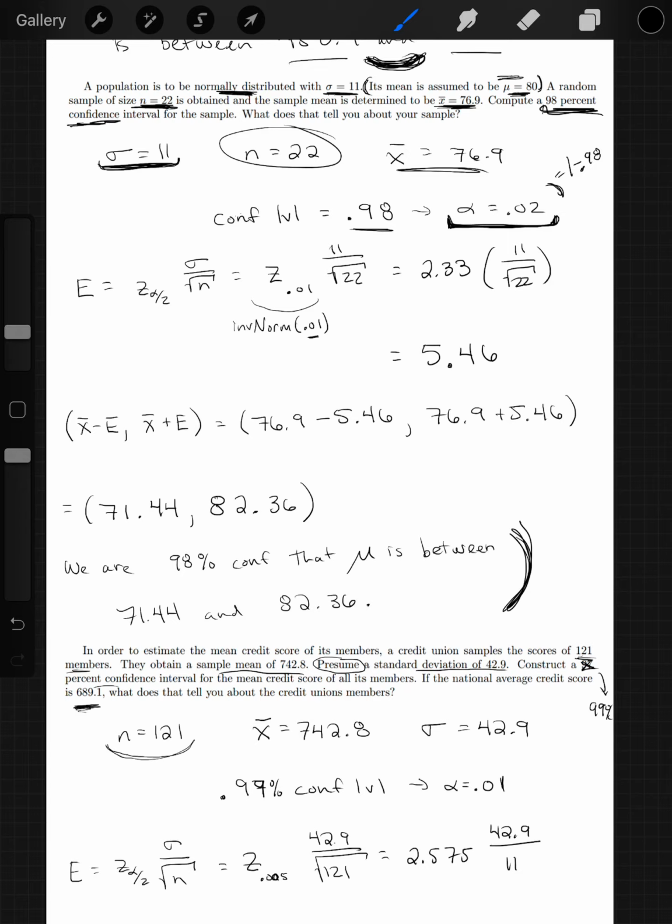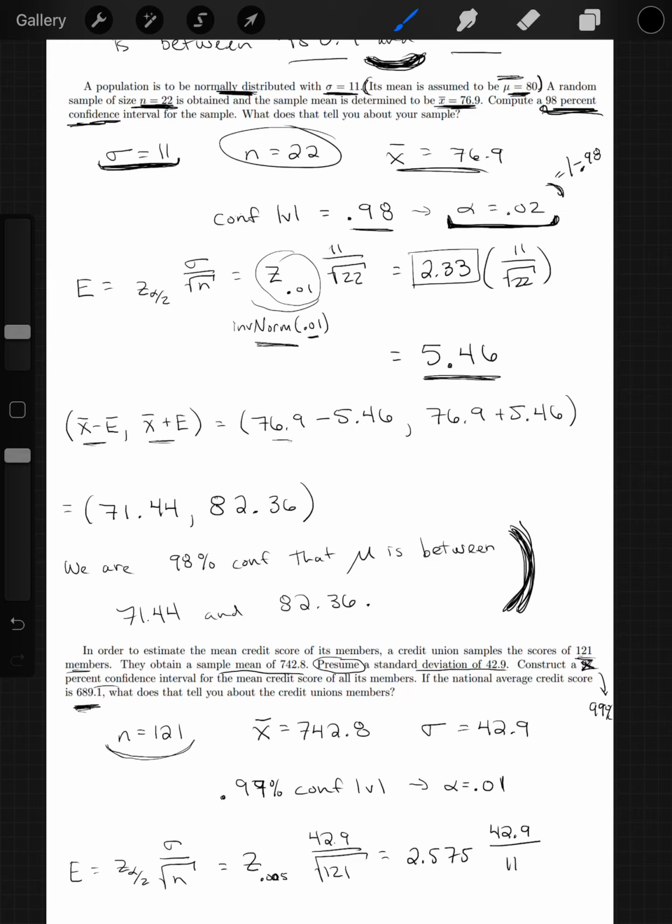So again, the real thing that we have to figure out is our critical value, and we can either get it by plugging that into our calculator or by looking at the table. I got 2.33 by looking at that table 8.1.1, right? So then I threw this into a calculator and got 5.46. Now we got to throw that number that we got using a formula into a different formula. That's really all these problems are, is you've got a pair of formulas that you work out, and then you need to make sure you understand this conclusion, right?